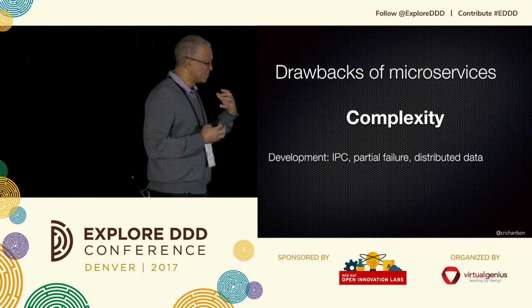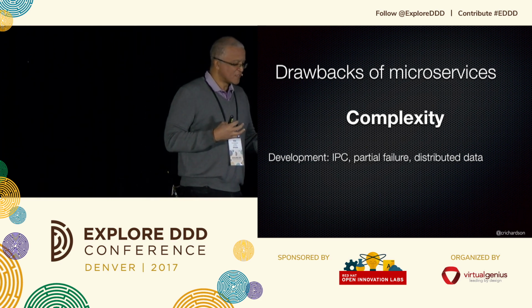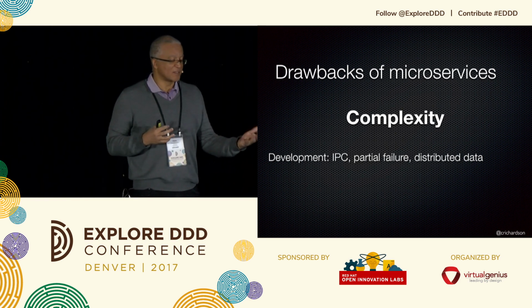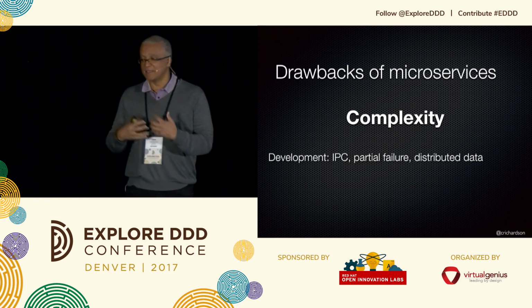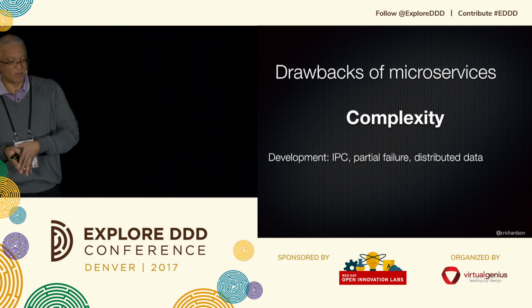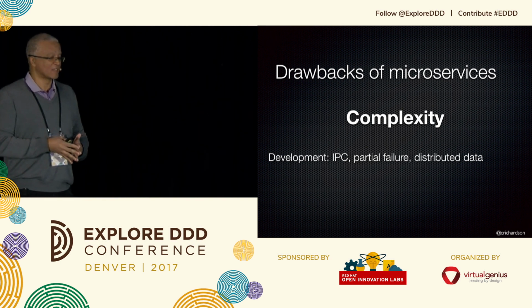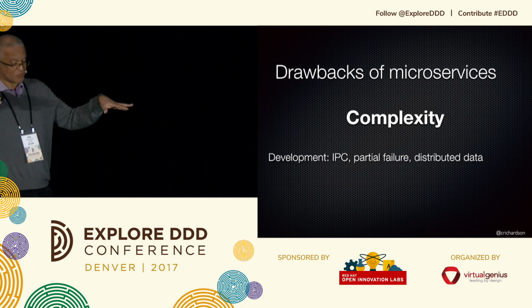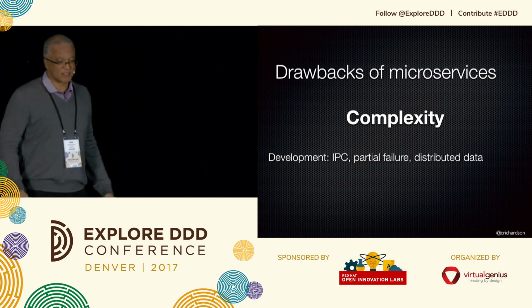We just use ACID transactions and joins without really thinking about it in a traditional application. And both of those are problematic in a microservice architecture, at least if you're trying to span service boundaries.